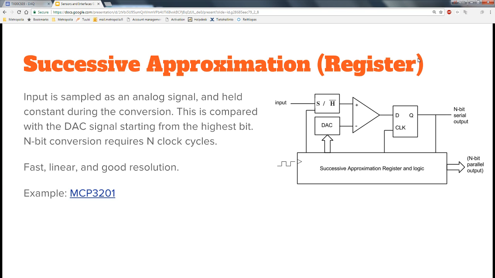You cannot do the same rates with the same accuracy with these sigma deltas. And then flash converters would be much more complicated, which means more expensive. So that SAR type of analog to digital converter would be your correct choice.